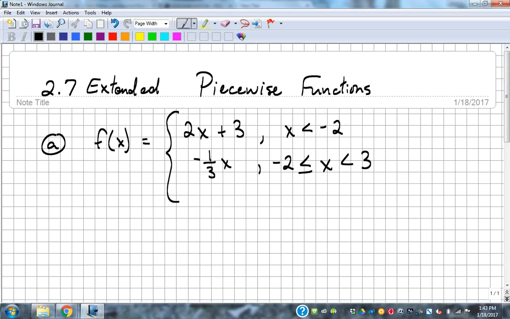Then the last piece is 2x minus 1 for x is greater than or equal to 3. Okay. So 3 pieces in 3 parts of the graph. Okay. So when we draw this, we're going to draw 3 pieces when we graph this. Those pieces are determined, like where it's going to happen at, are by these inequalities.